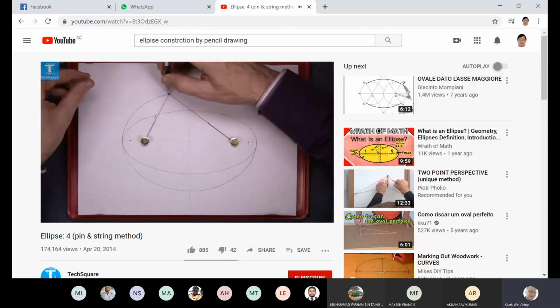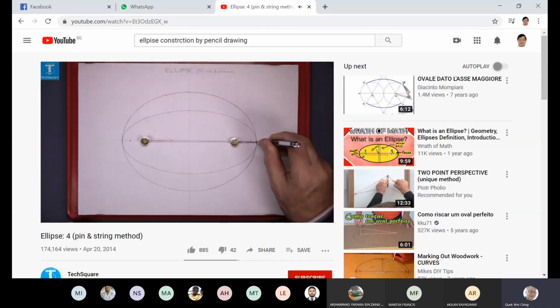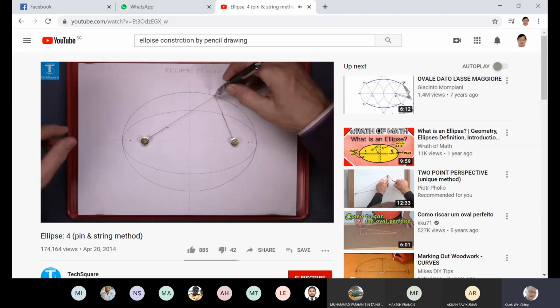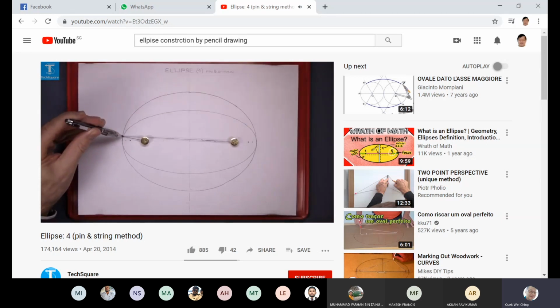The length of the string is still the same, but you get a different ellipse.